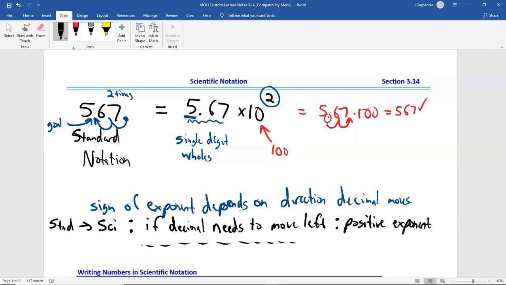If the decimal needs to move right, it's a negative exponent.